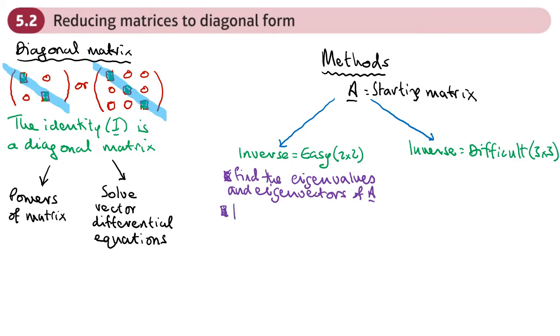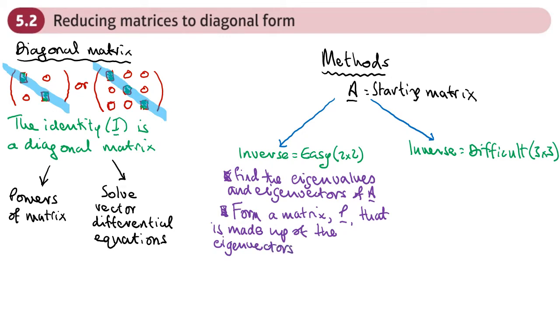The second step is we're going to form a matrix that we will call P, that is made up of the eigenvectors, so what we've just worked out in the previous step, of the eigenvectors of A. So the first step, we would have calculated the eigenvalues so we can get the eigenvectors.